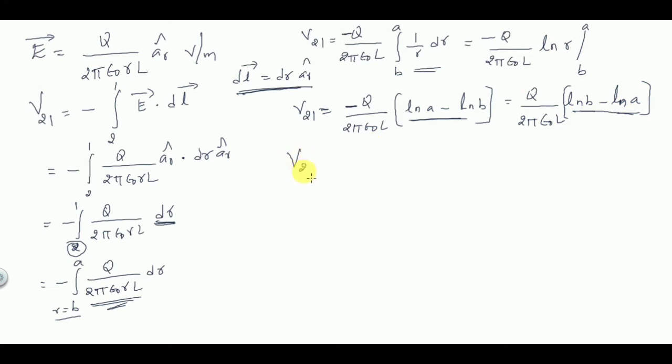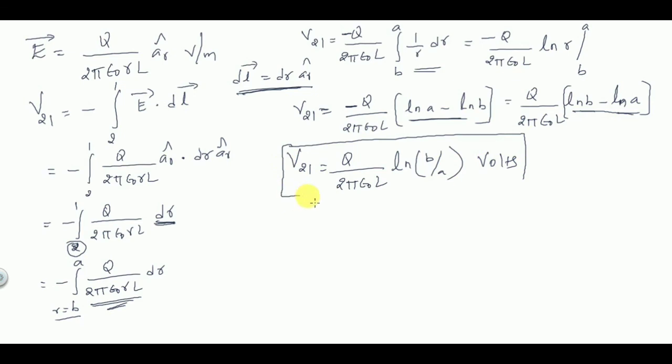So finally V21 becomes Q by 2 pi epsilon naught L into logarithm of b by a volts. This is the formula for potential in the case of a coaxial capacitor. This is one of the formulas you have to remember.